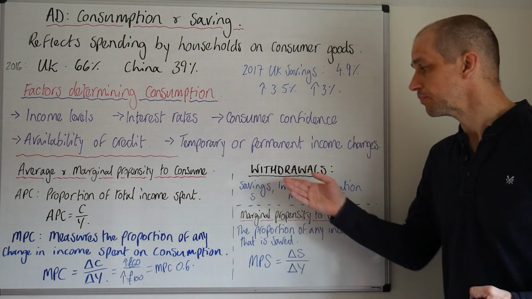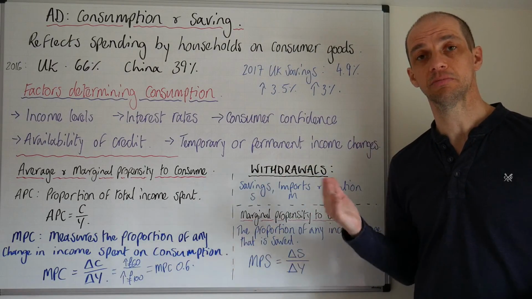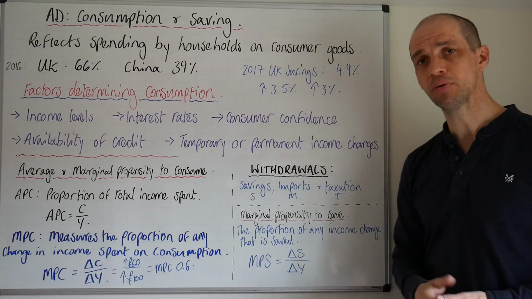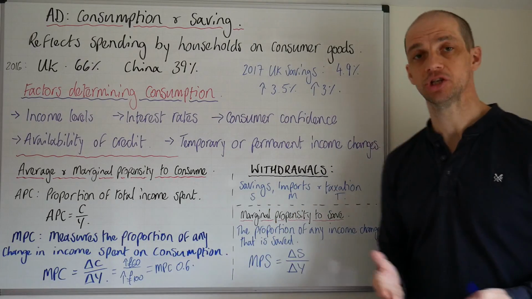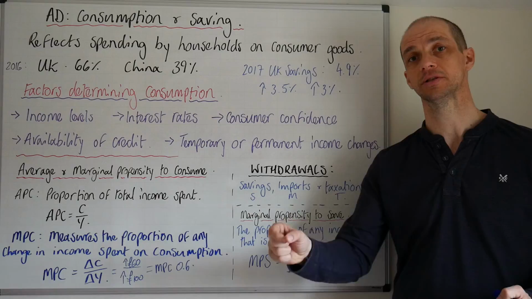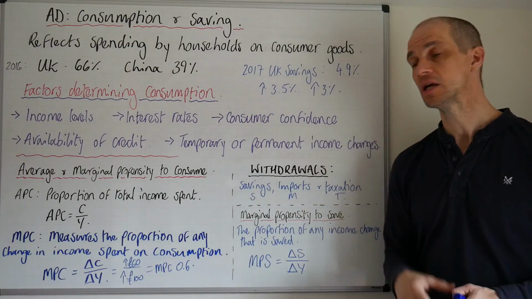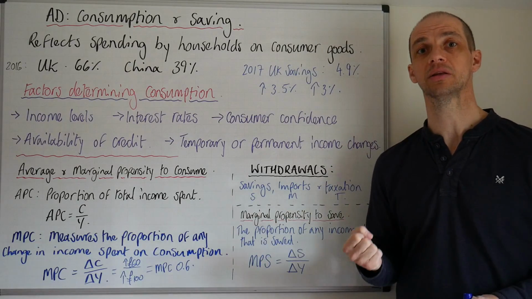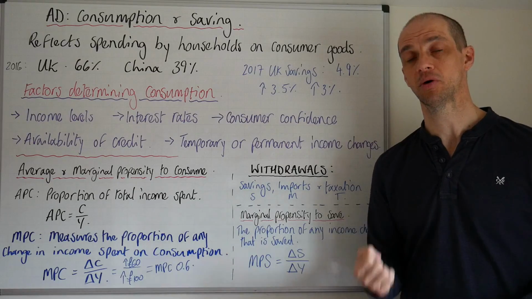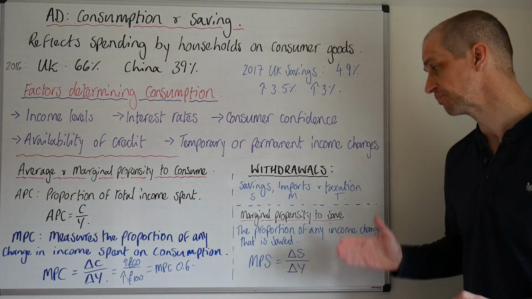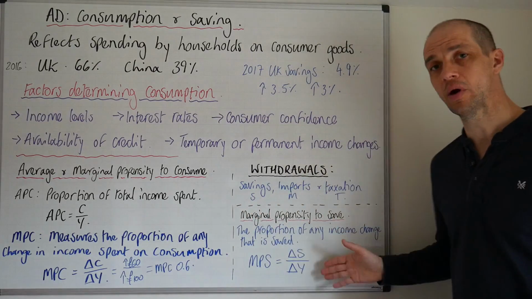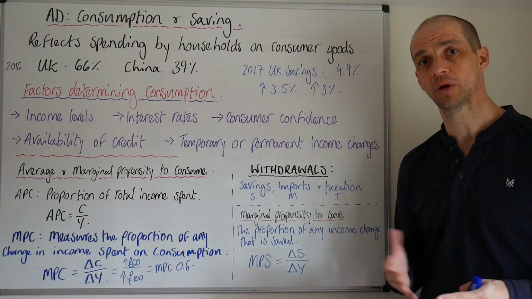Okay, so of course savings is denoted by S, imports M, and taxation T. Of course, all of this is money leaving the economy, so that will have a direct influence on the marginal propensity to consume there.